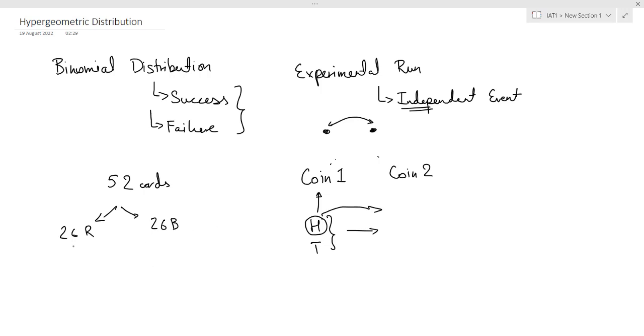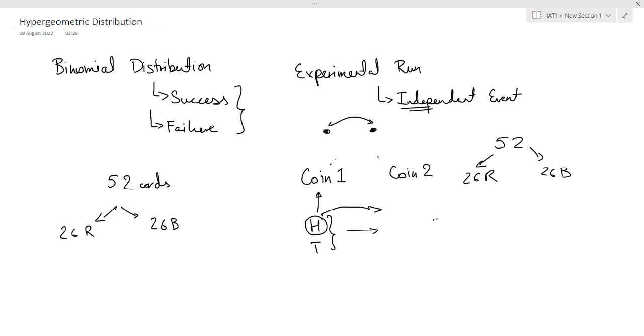Now if I want to draw two red cards, when I draw the first card, what is the probability of getting a red card in the second try? Initially there are 52 cards, 26 red and 26 black. What kind of card do I want? I want a red card.